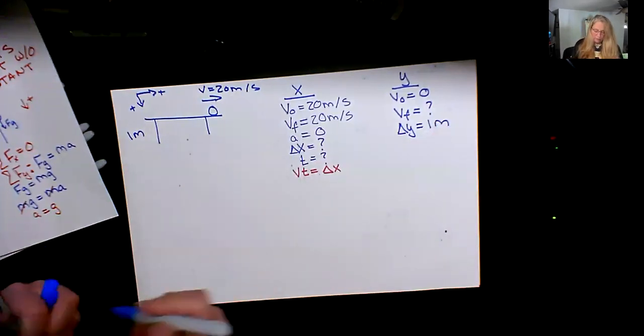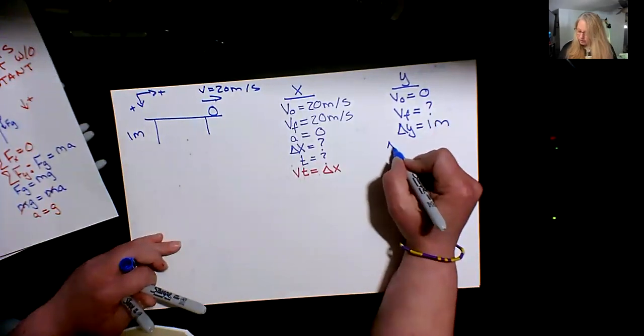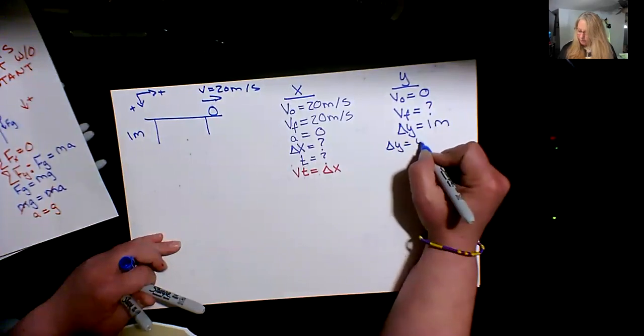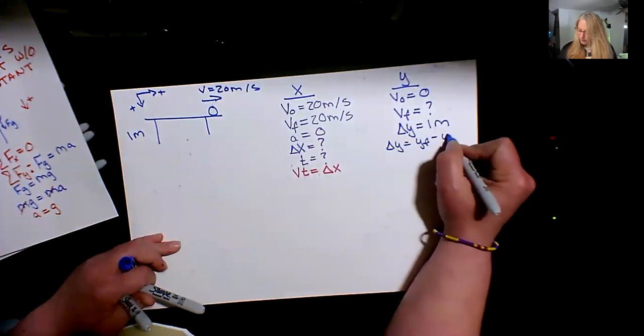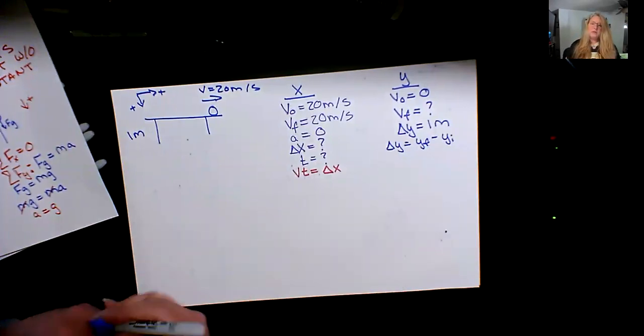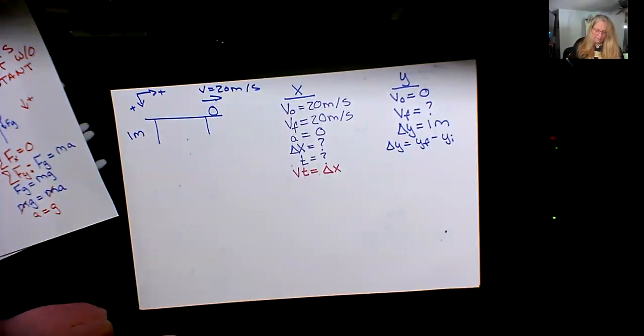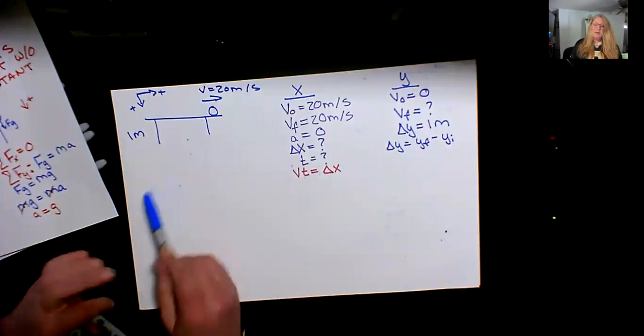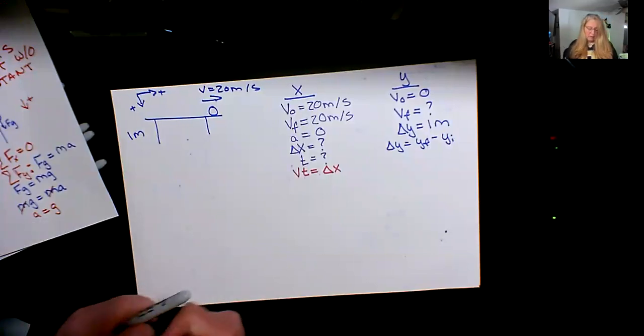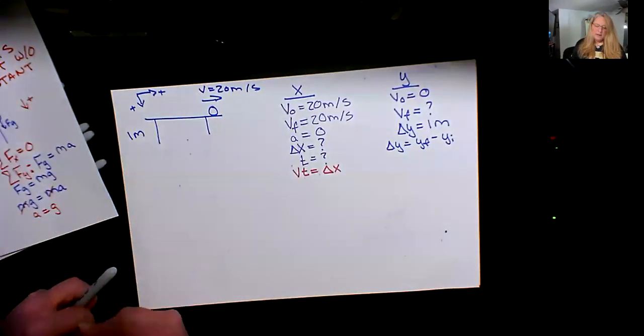Now, an important note here is that change in height is y final minus y initial. That's how we define this delta thing. So if I have defined down as positive, in essence what I've done is flipped my axes.